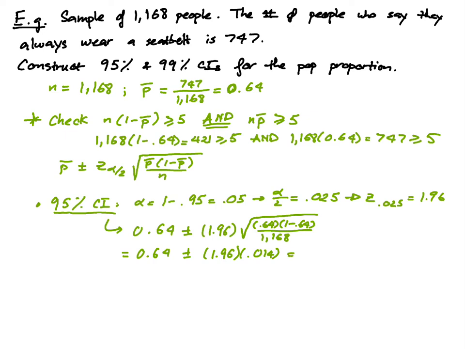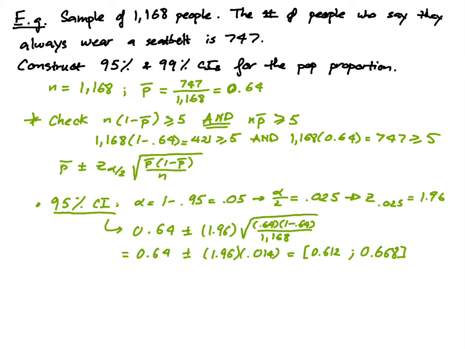So that gives you an interval from 0.612 to 0.668. So that's the 95% confidence interval. It's pretty straightforward.